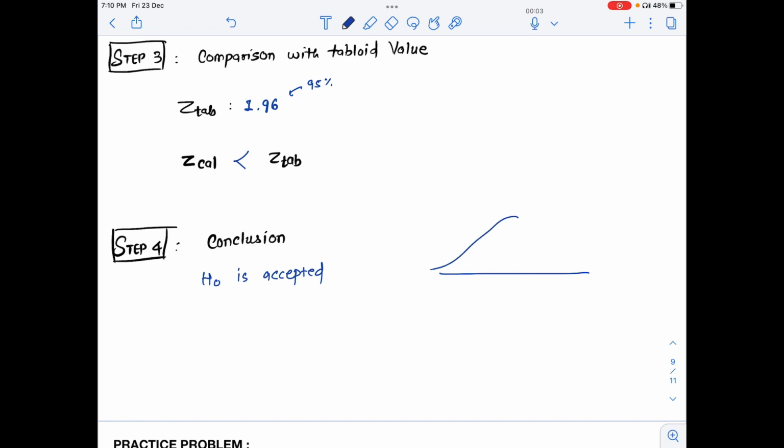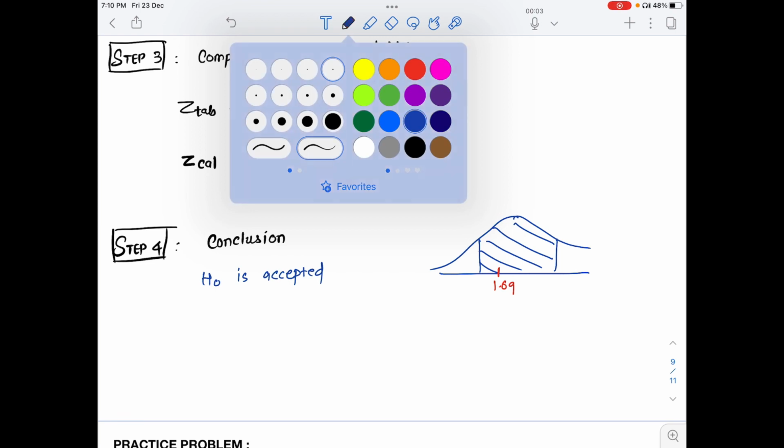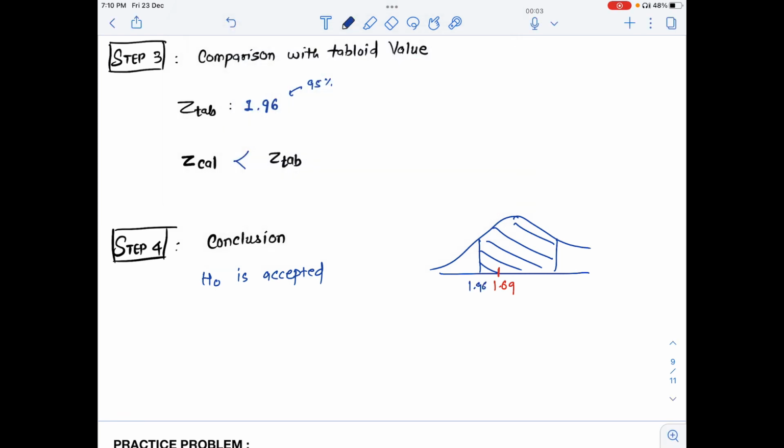In the normal distribution curve, the value that we got is actually somewhere here, 1.69, and the critical value is 1.96. So this is 95%, and because this value is somewhere here, we will consider it as non-significant.